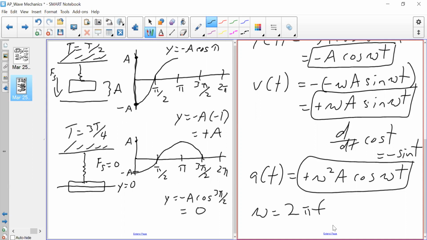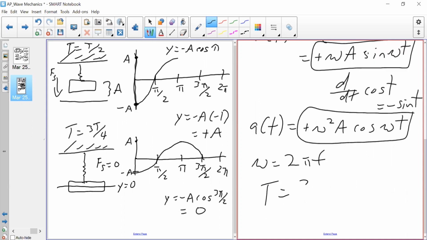Why are we looking at it in terms of frequency? Because the period is 2 pi over omega, as we saw yesterday. So omega will be 2 pi over T, and since frequency is 1 over period, omega is 2 pi f.